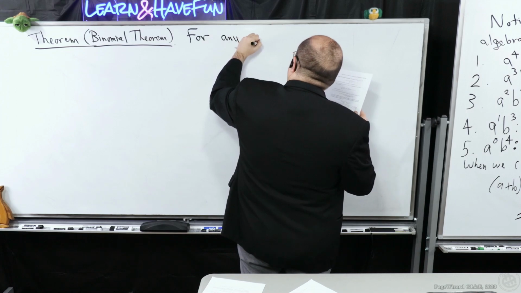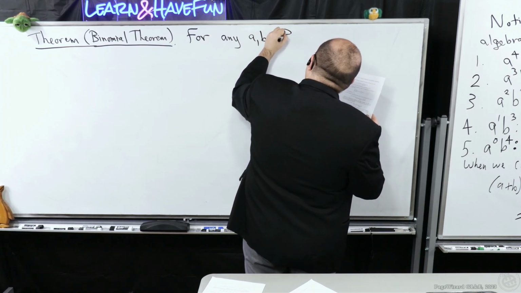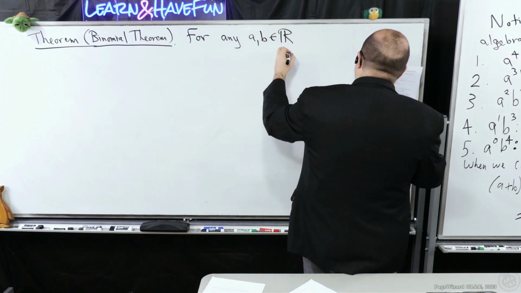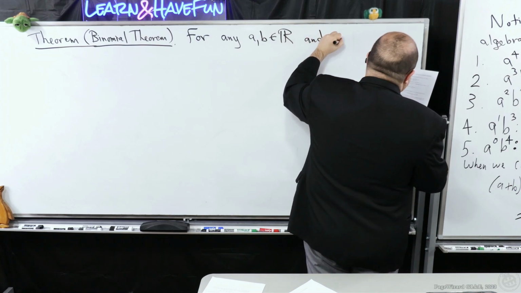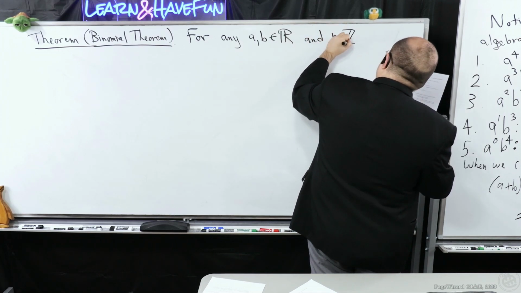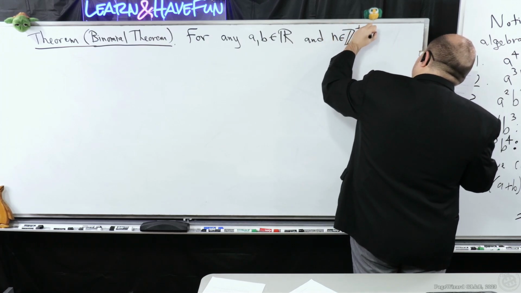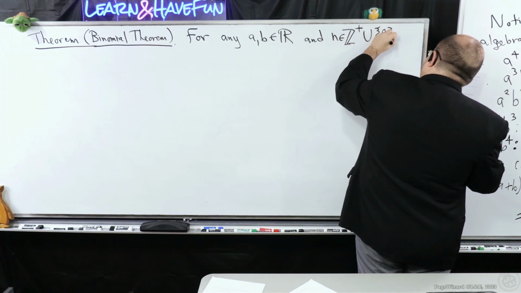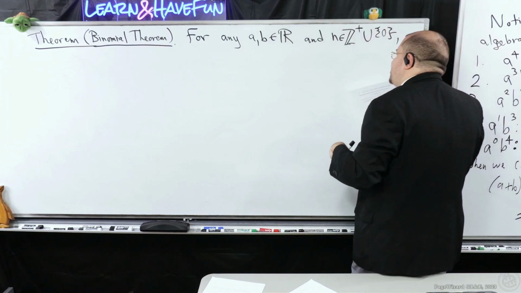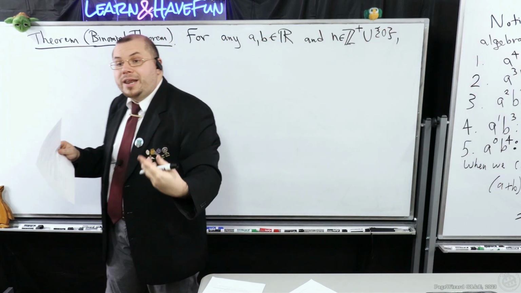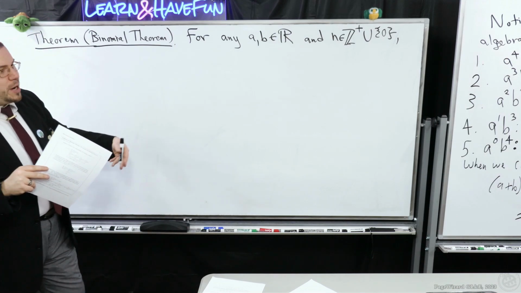For any a, b, which are real numbers, I'll let us use real numbers here, and n, which is going to be a non-negative integer. I must stress that there do exist other forms of this theorem, but ours, we're just going to presume the exponent is a non-negative integer, so it's allowed to be 0 or above.